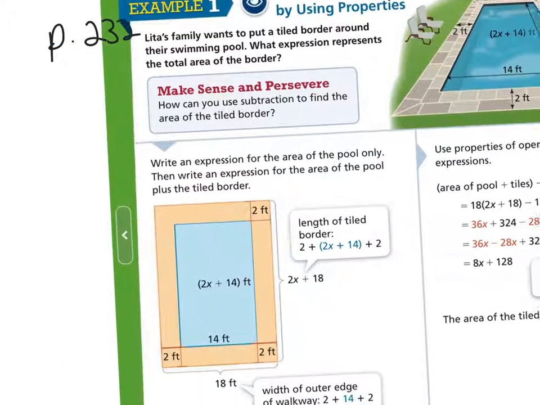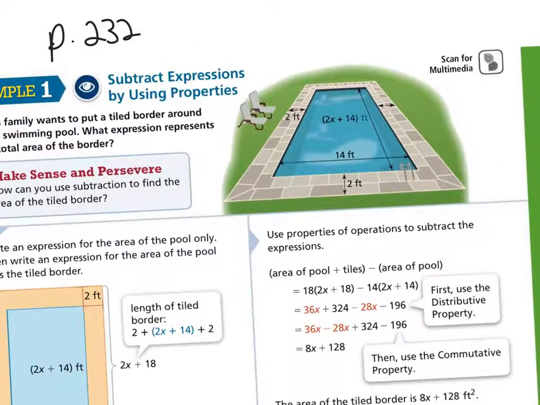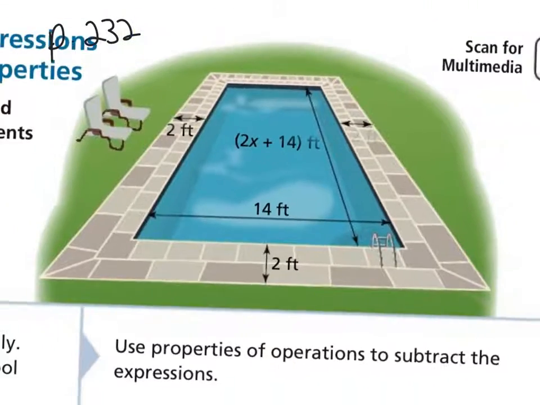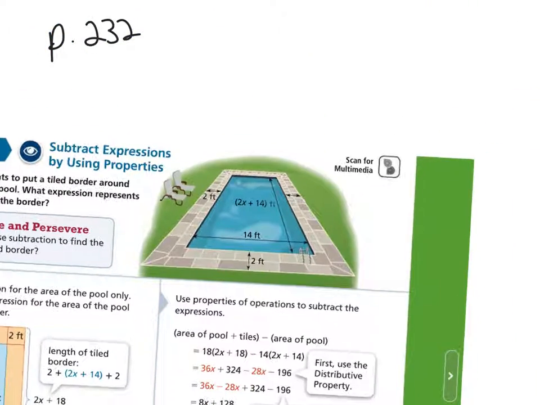So we want the area of the border. You can look at the picture here and see what's happening. Basically, it's kind of like we're going to make a rectangular donut, if you will.